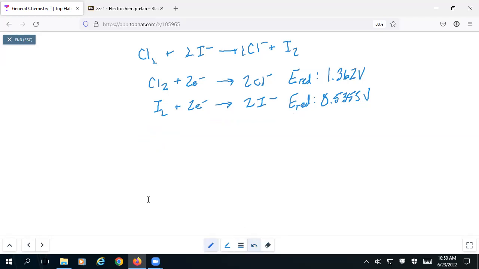We either have to recognize that the iodine, its reaction is flipped around, which means that this is the anode and this the cathode, or we have to recognize that this reaction for iodide is the opposite and we need to flip around the equation.